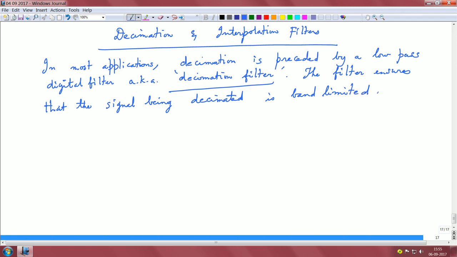Decimation is preceded by a digital low pass filter, because the filter ensures that the signal being decimated is band limited. Otherwise, if you first downsample and then you do filtering, you are basically losing a lot of signal out there, and when you filter on top of it, I think your common sense would tell you that you are losing information out there, right.